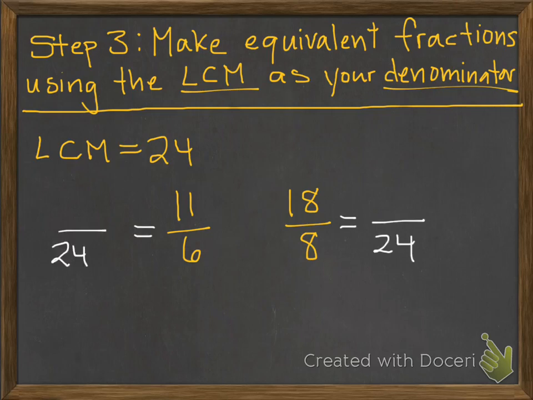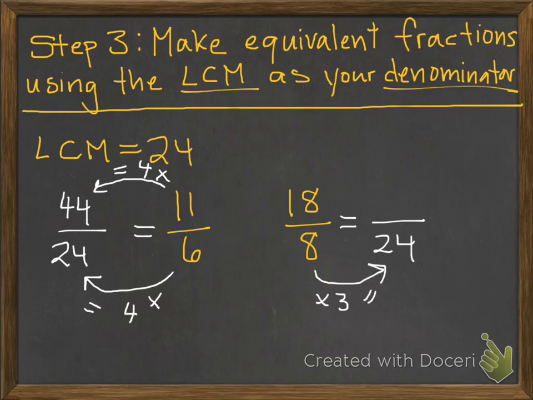So we have the equal sign telling us we're making equivalent fractions, and 24 is going to be our new denominator. I'm going to start on the left, and I'm going to see that 6 times 4 is 24. Whatever I do to the bottom, I do to the top. And I get 44 because 11 times 4 is 44. Go on the other side, I see 8 times 3 is 24.